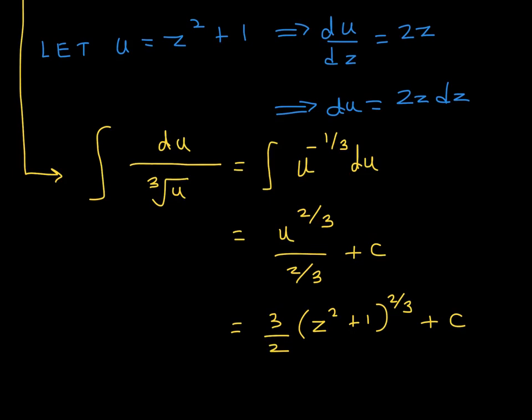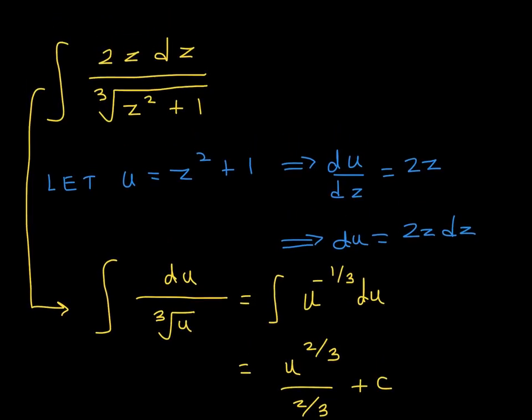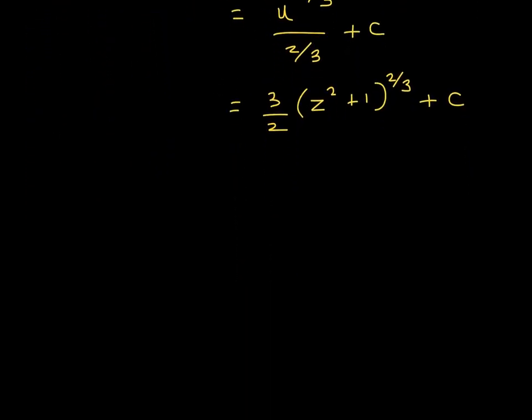Now, another thing you could have done is a different substitution. You could have let u be the most complicated part of this expression, which is the entire denominator. Let me just show what that would look like. So let me do this problem again. We get the same answer, but watch this. We could have done it a little differently.